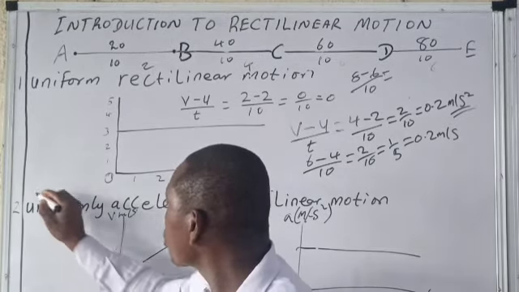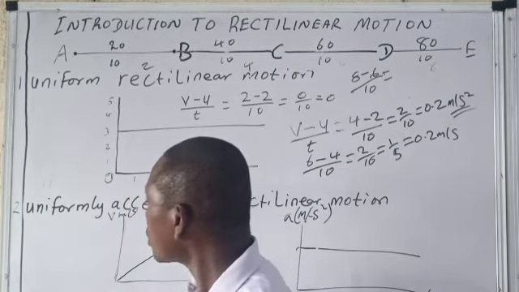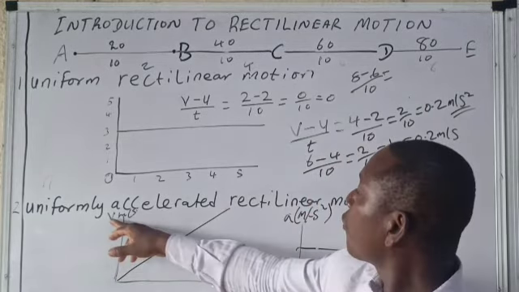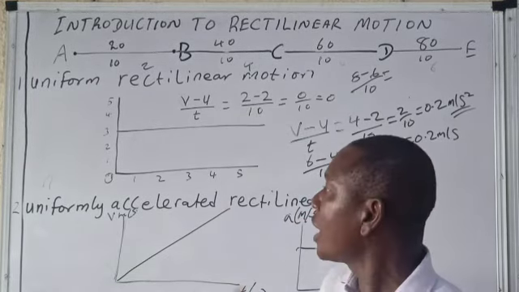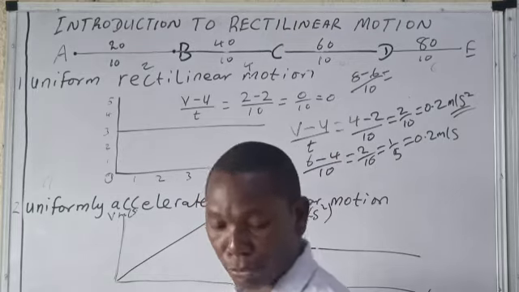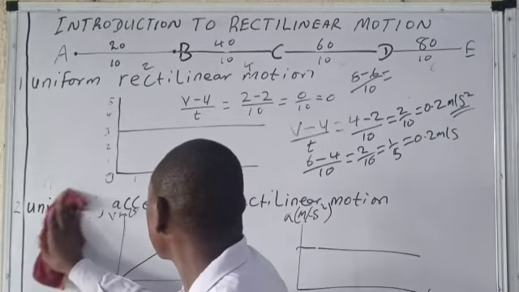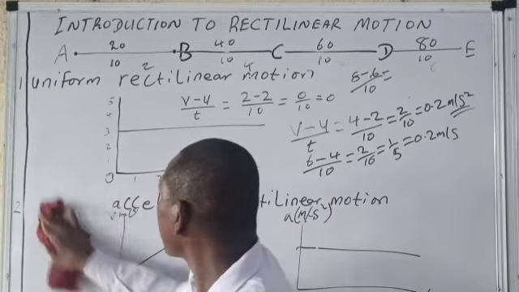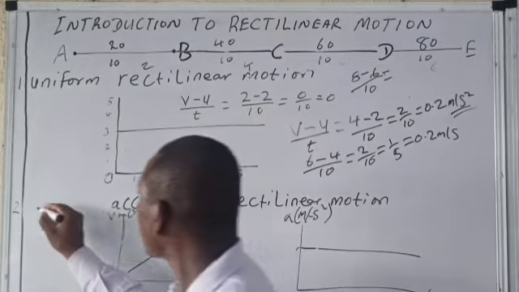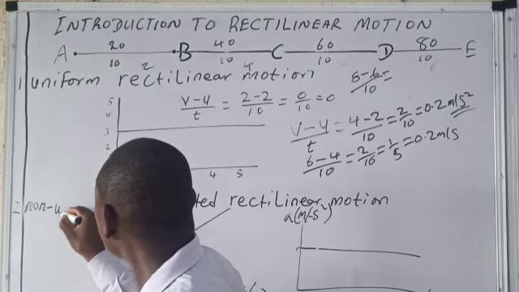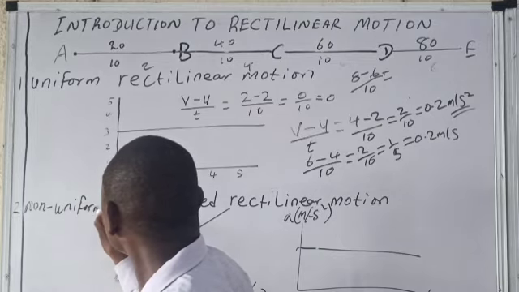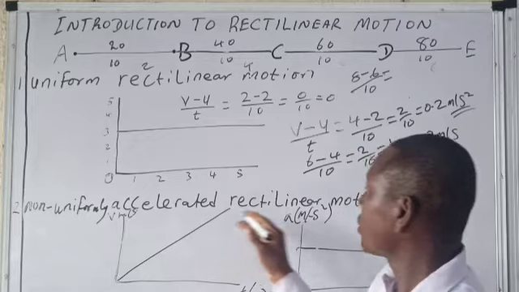And the last one we are going to talk about is the third kind. In this place, just put 3. So just put non-uniformly accelerated rectilinear motion. Let's just clean this place so that you will not make mistakes. So you have here non-uniformly accelerated rectilinear motion.